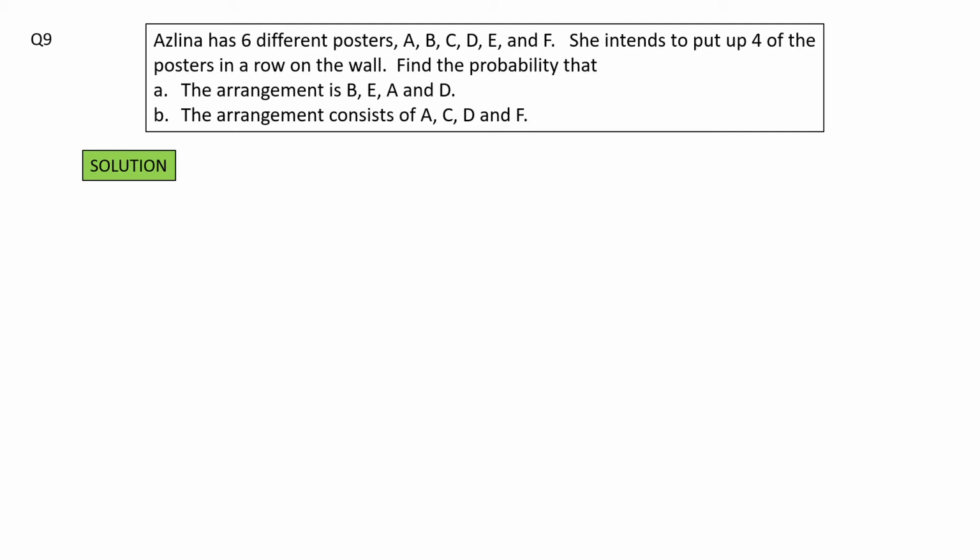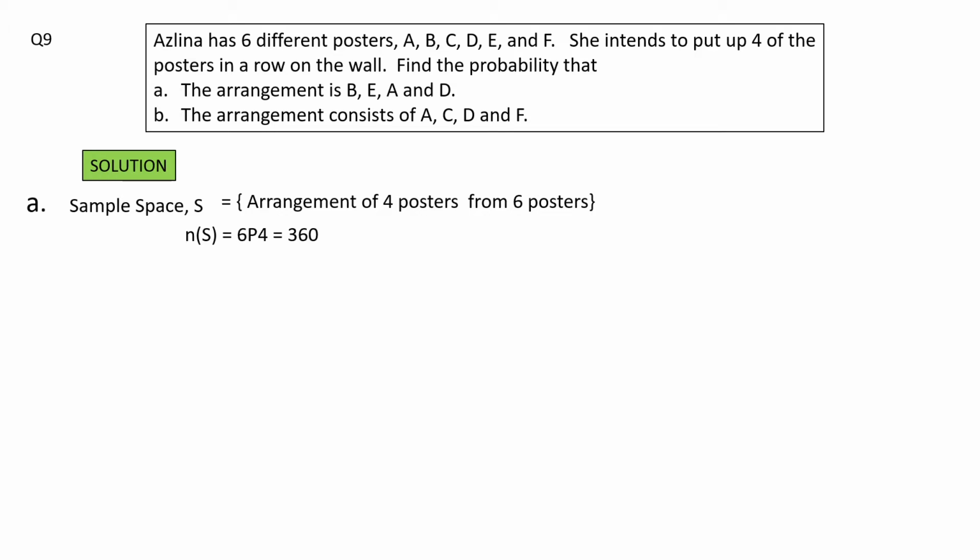Okay, so to start with, let's list out the sample space. The sample space here will be the arrangement of 4 posters from 6 posters, and the number of the sample space equals 6P4.